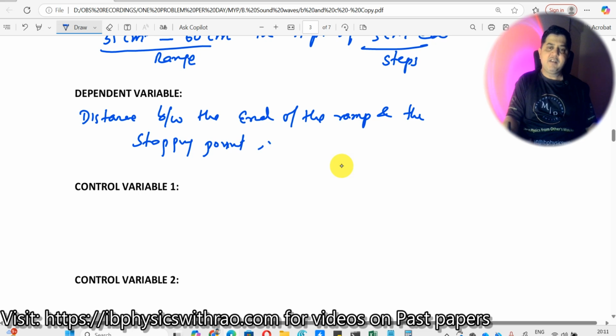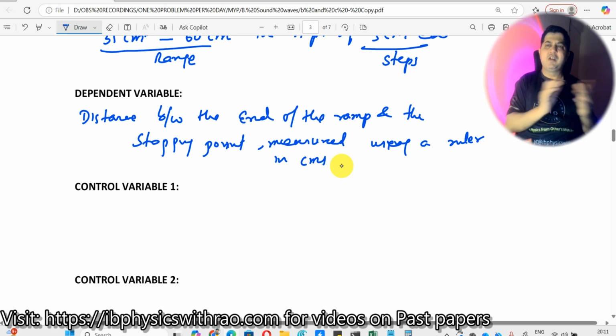Stopping point measured using ruler in centimeters. You have mentioned everything. In fact, you have not only mentioned the variable, you also mentioned how you are going to measure and what is the unit of this.